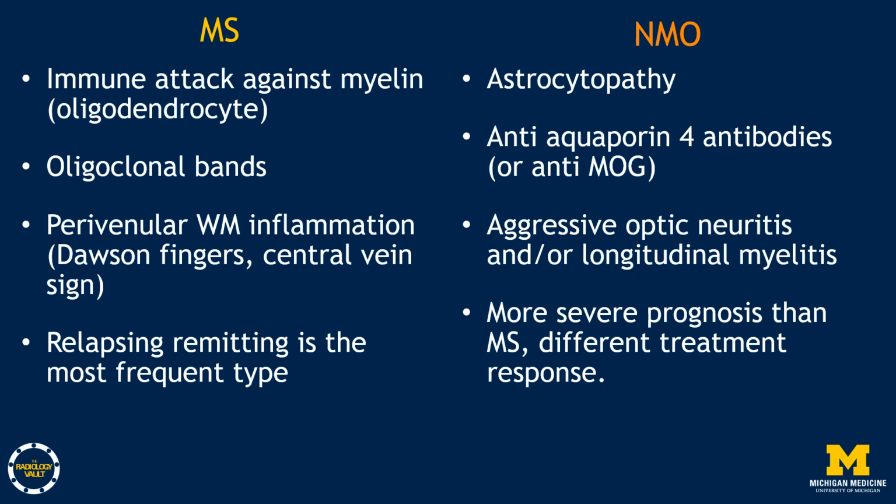NMO is characterized by the more aggressive optic neuritis and longitudinal myelitis in comparison to MS. Finally, in multiple sclerosis, the relapsing remitting type is the most common presentation. In NMO, there is a more severe prognosis, and also patients respond differently to treatment. Therefore, it is important to make this distinction.